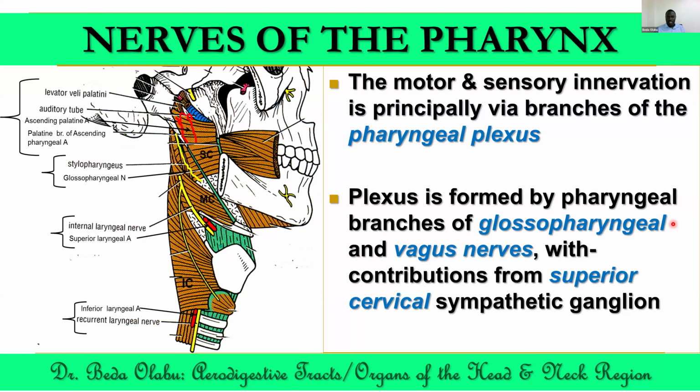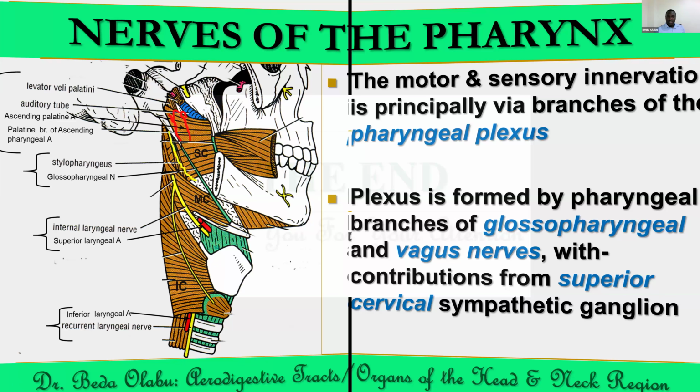So that summarizes this. I'd want you to check something on the gag reflex with regard to innervation of the pharynx. So find out the afferent root, find out the efferent root, and find out the clinical relevance of this reflex.